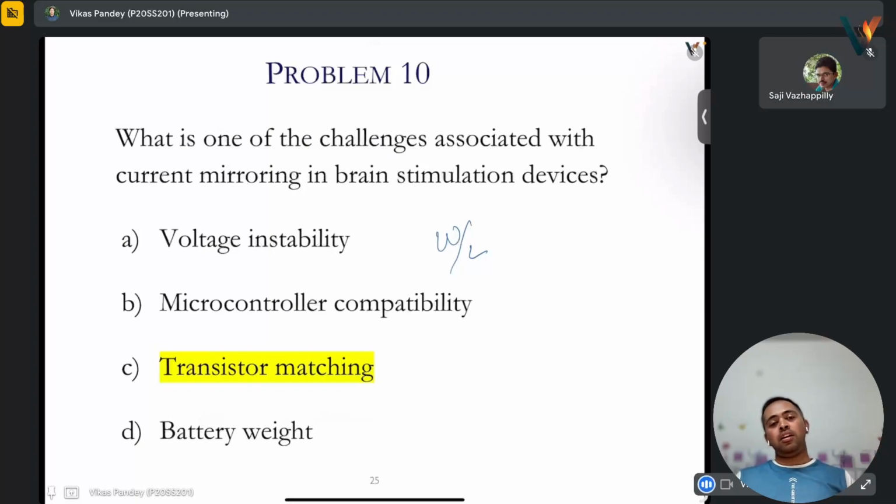Otherwise, the whole current conveyor thing or current mirroring will go in vain. Precise control. And that's why nowadays microcontrollers are used because they will do this task. So transistor matching is an important challenge at present also. Whatever we do, there will be some fluctuations.